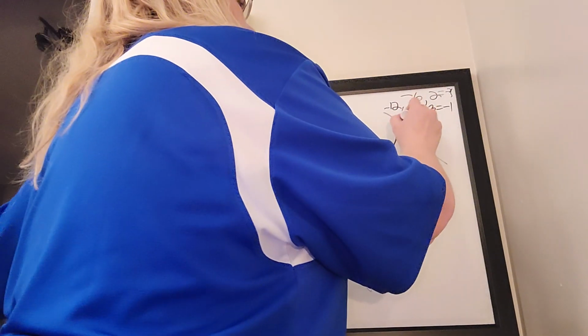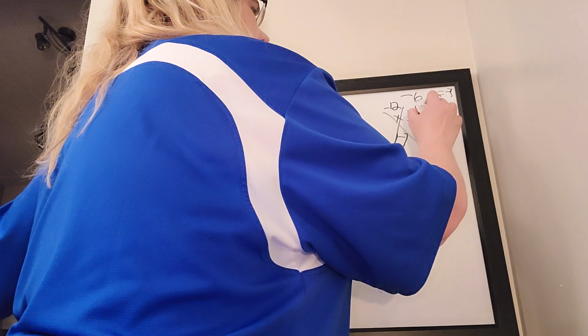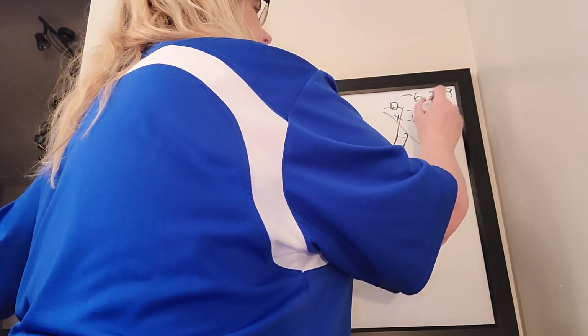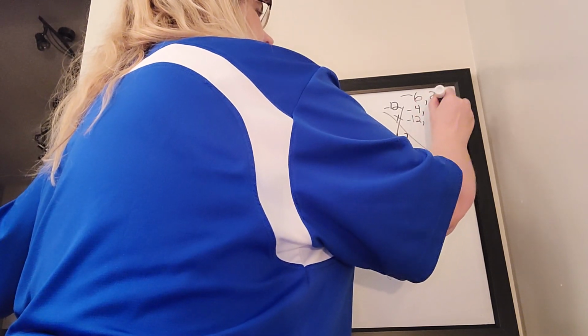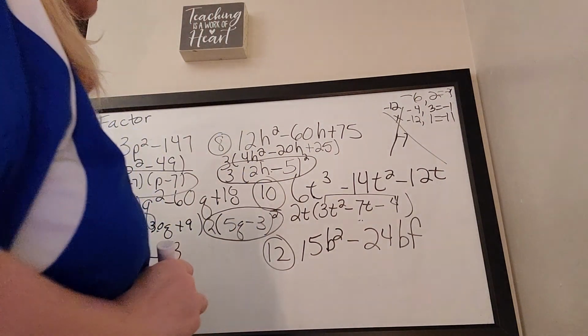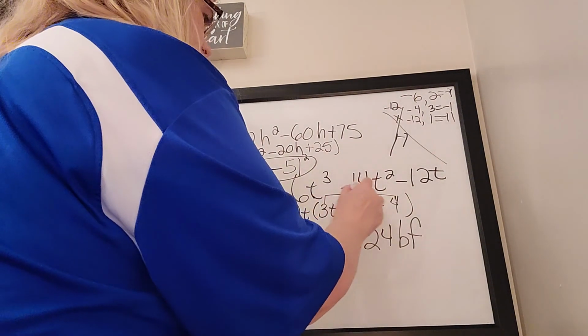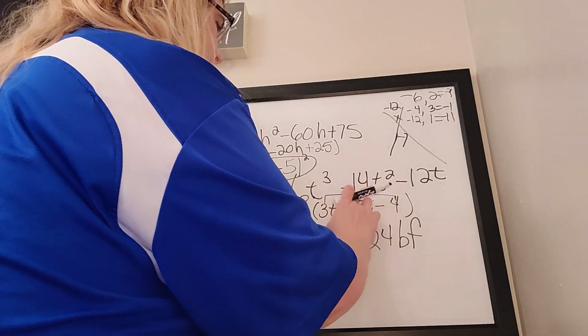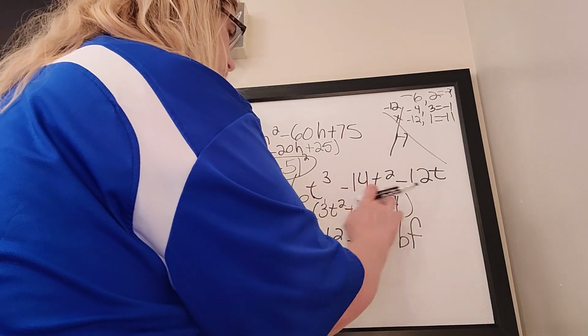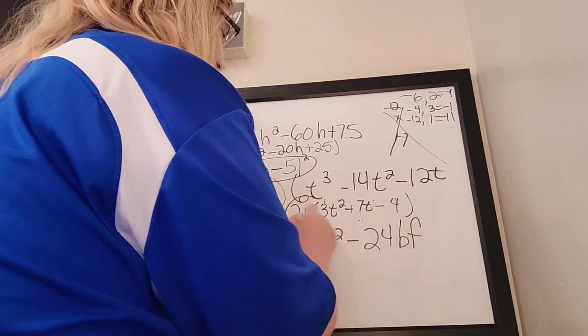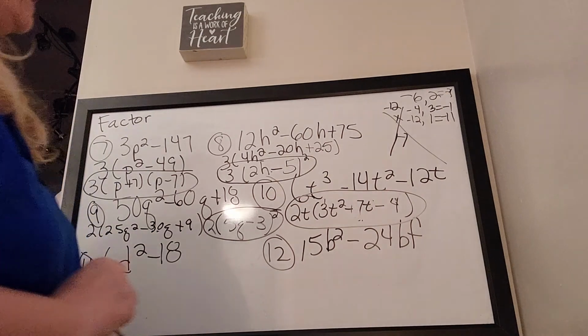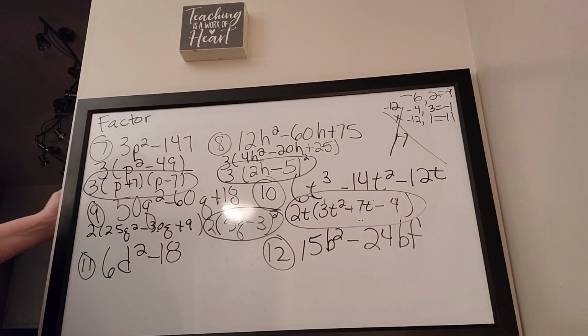And negative 12 and positive 1 would be negative 11. So we never came up with 7. So this is done. It's not prime because we were able to take the 2t out. But the final answer is this, 2t times 3t squared plus 7t minus 4.